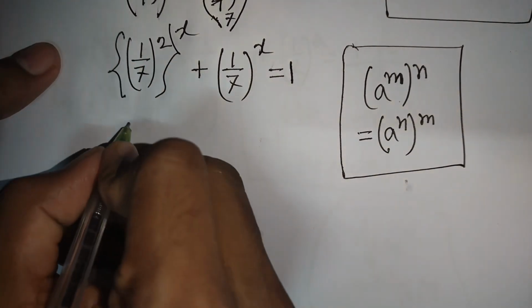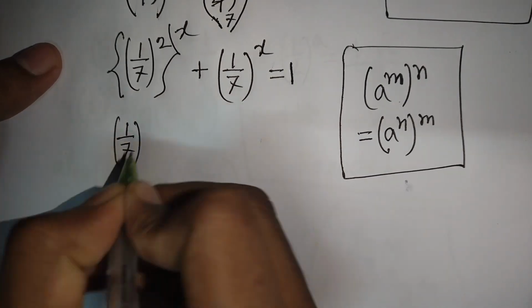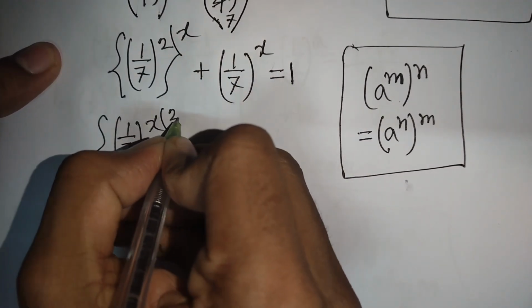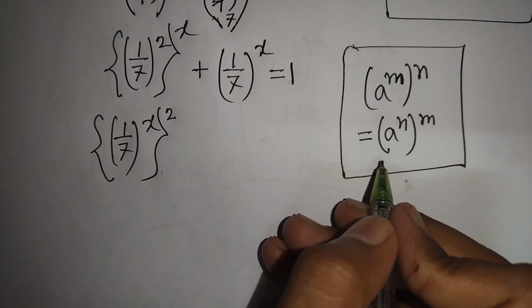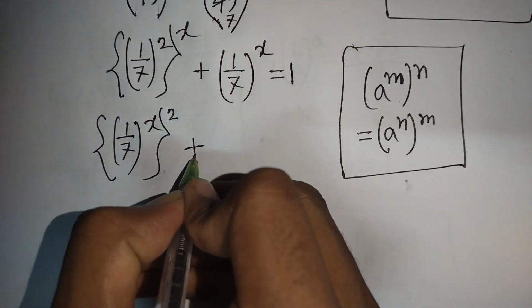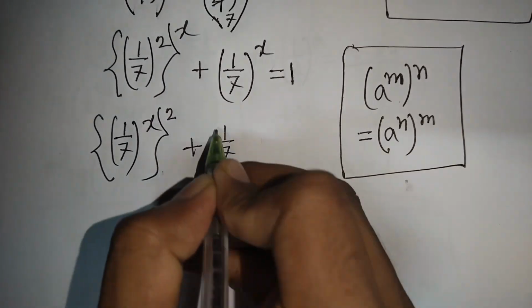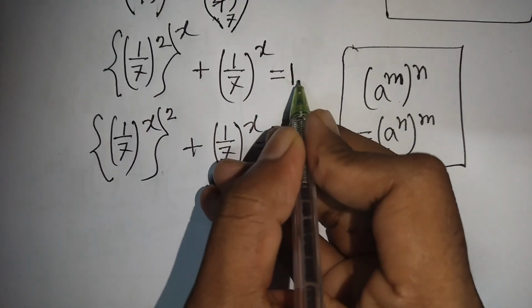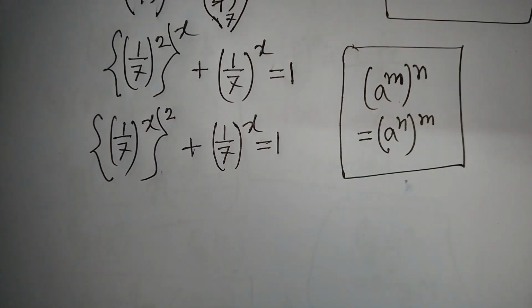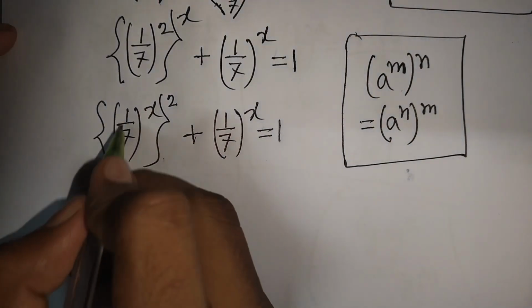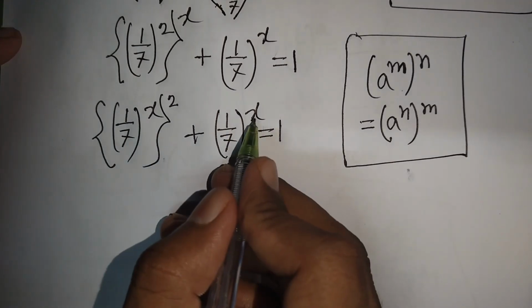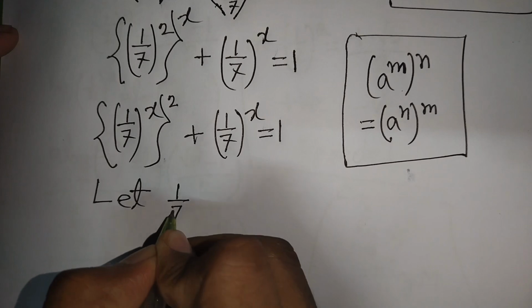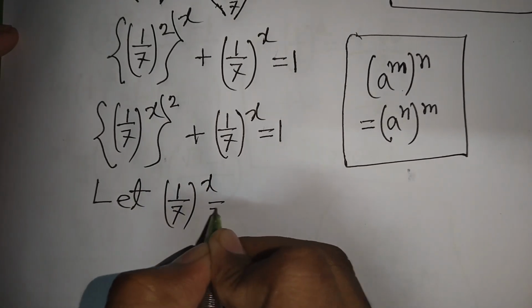So it will be 1 by 7 bracket power x, then second bracket power of 2 according to this rule, then plus 1 by 7 bracket power x is equal to 1. Now we see 1 by 7 bracket power x, 1 by 7 bracket power x, both are the same. So let 1 by 7 bracket power x be substituted by y.